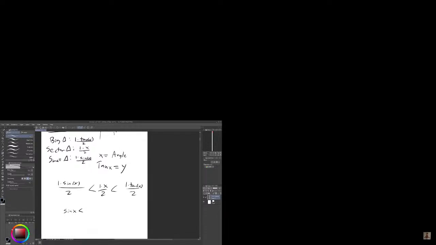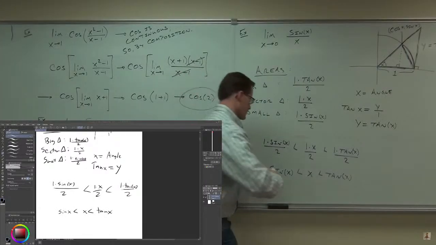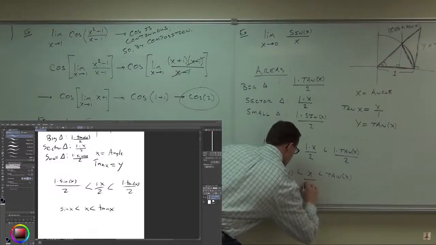Now here's the cool part. I'm going to divide each of these 3 things by sine x. Sine x is positive, it's in the positive quadrant.